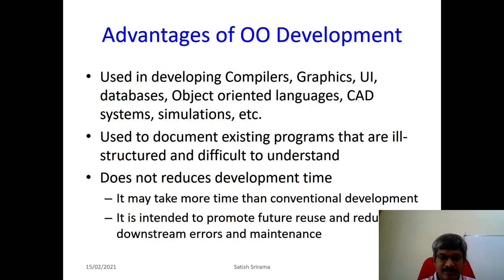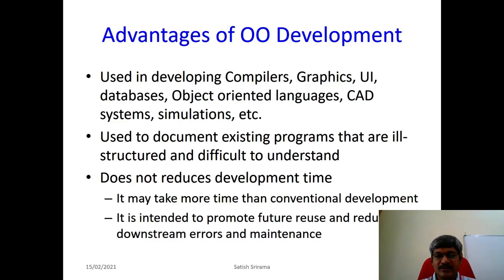We have seen all the different stages, how we go through them, and how classes and objects are reused across all the stages and across the iterations. By doing all this, fundamentally it will promote future reuse and reduce downstream errors and maintenance.